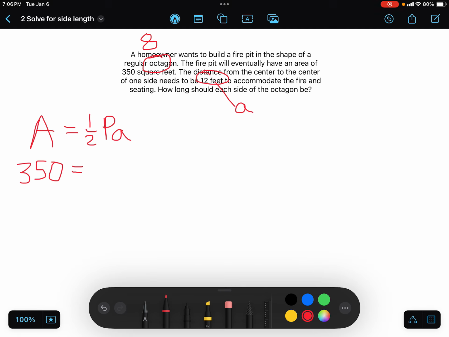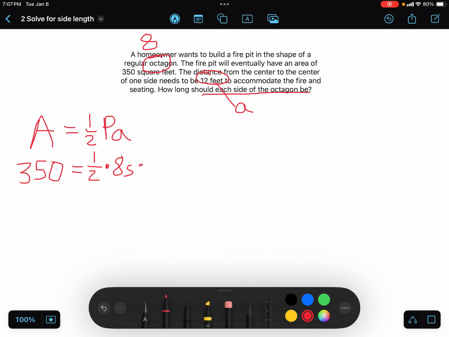So let's fill in with what we have. We have 1/2 perimeter. Now, what we don't have is the length of each individual side, but we do know we have 8 sides. So I'm going to substitute 8s for the P, which stands for perimeter, because whatever that side length is, 8 of them will give us the perimeter.